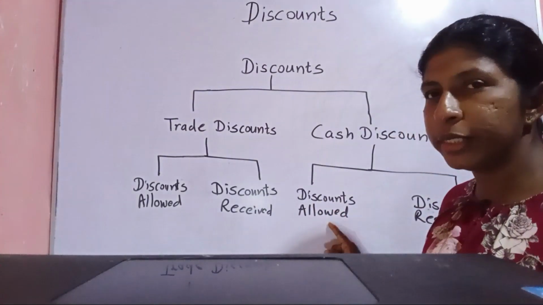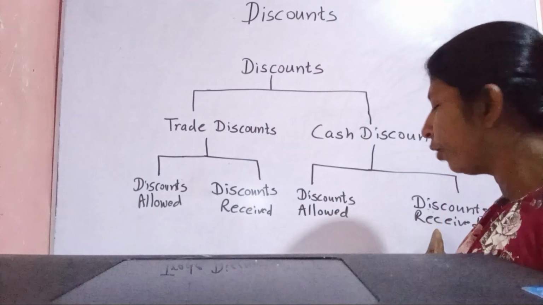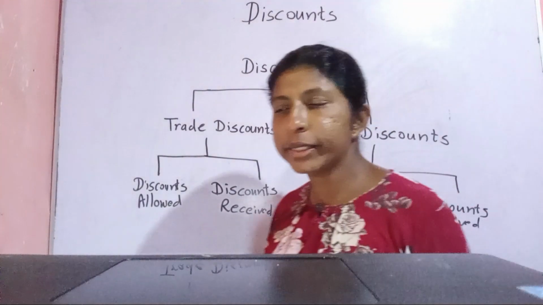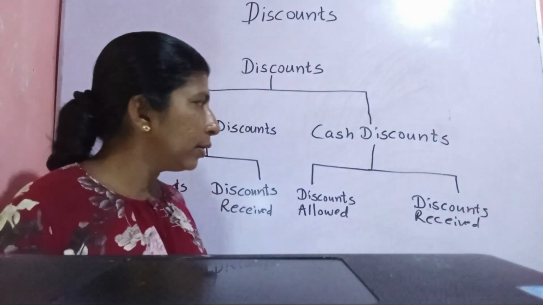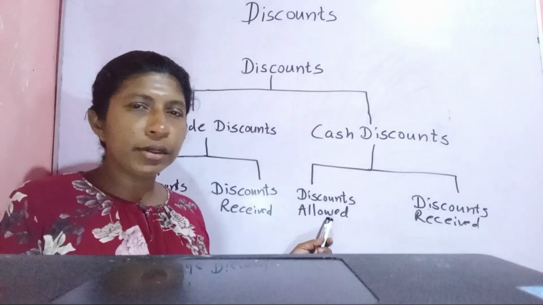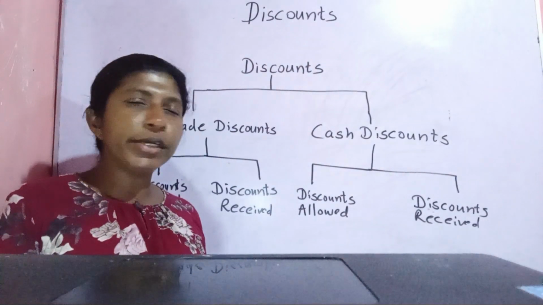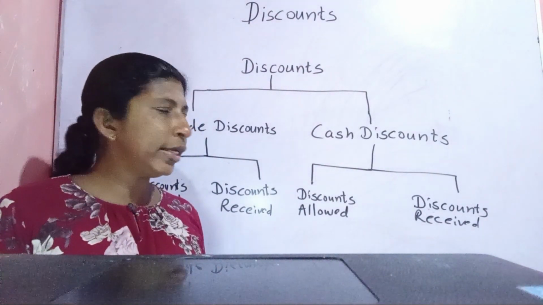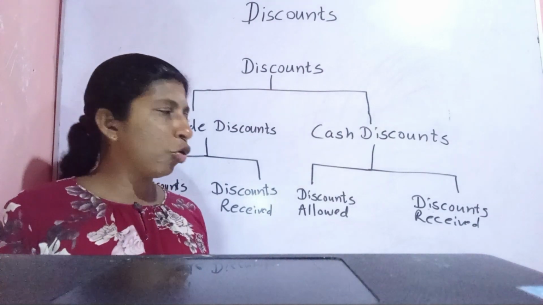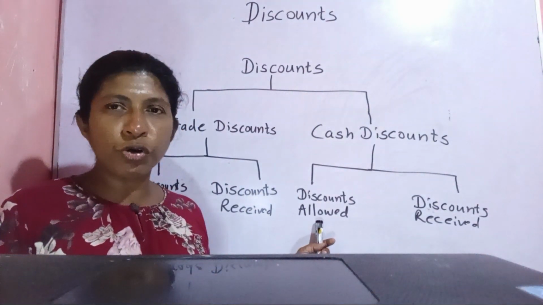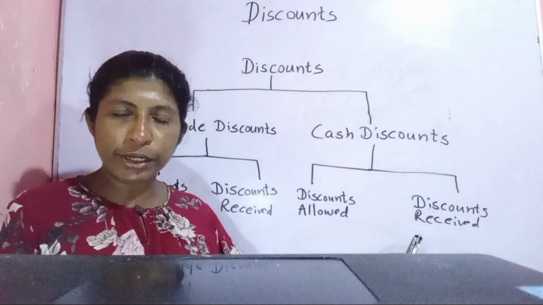The first one is discounts allowed. The second one is discounts received. We can see these cash discounts on both sides, discounts allowed and discounts received.